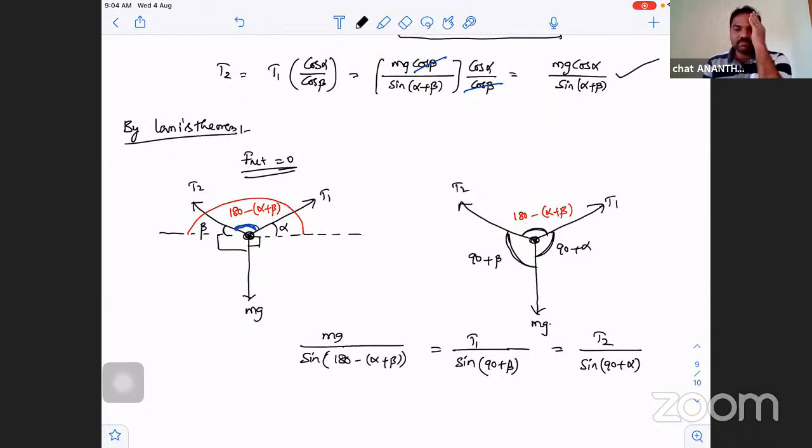All of you understood? Then with one step you can solve. So this is the way to write Lami's theorem. But you can apply Lami's theorem only when 3 vectors are there. If more vectors are there, you cannot apply it.